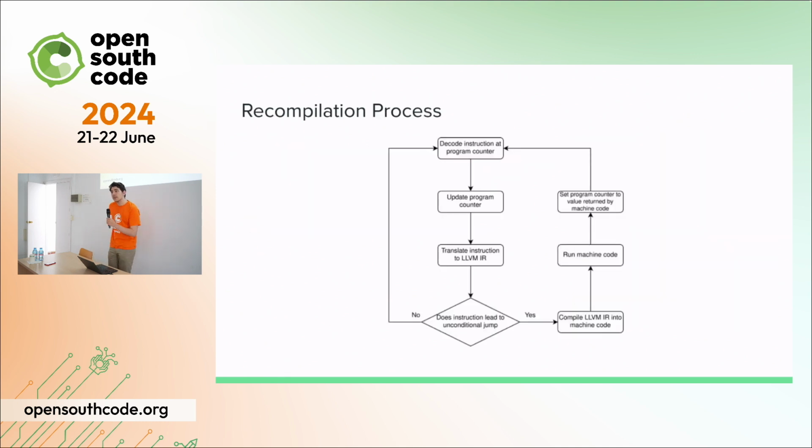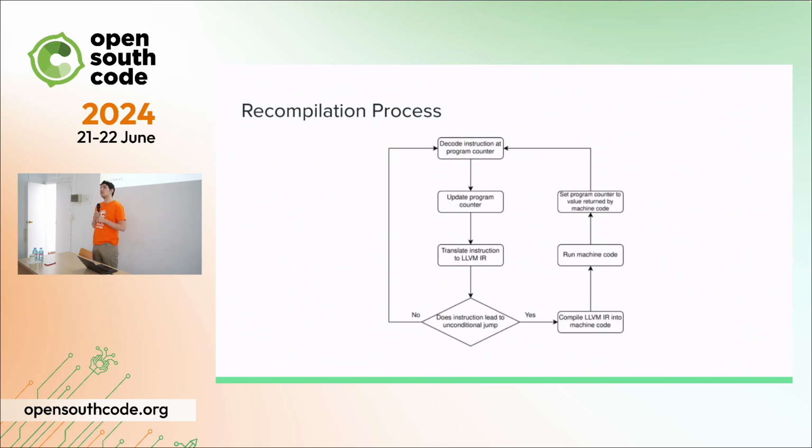Okay, so this is essentially the main algorithm of how the dynamic recompilation for this project works. We start with an address in the program counter of the next instruction that we want to execute. So we read that instruction, we update the program counter, and then we translate that instruction into its equivalent LLVM IR.